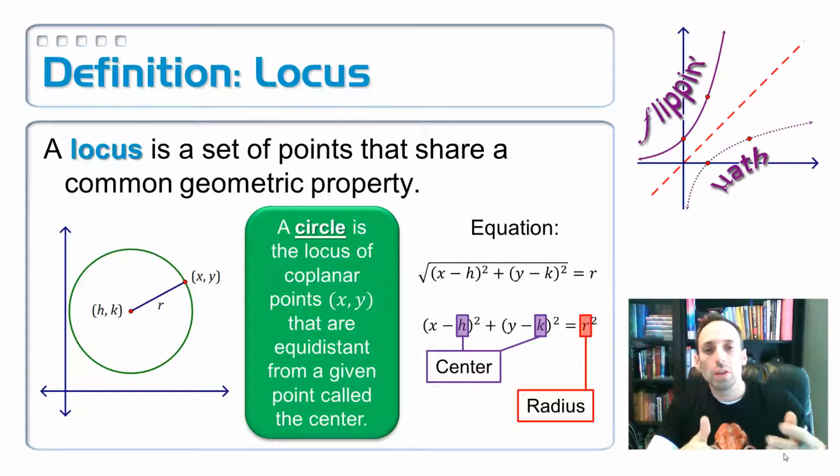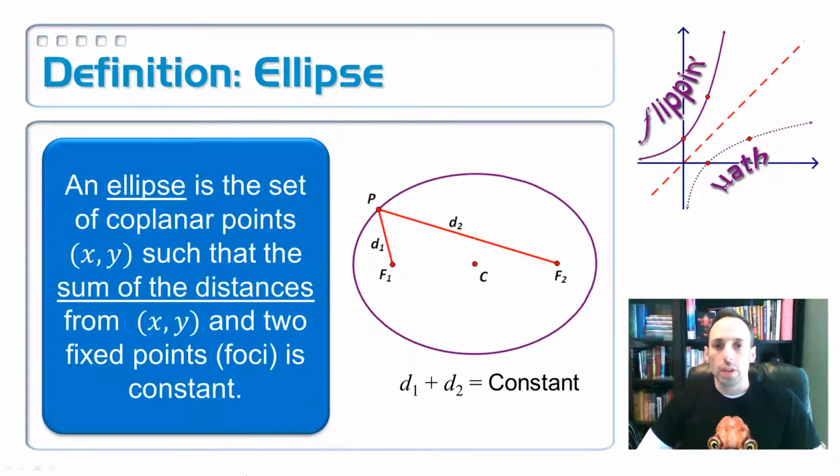Then we use that definition together with the distance formula to come up with the equation of a circle, and this is in standard form here. This equation is part of what this lesson's about, and you can find it on your nifty flow chart. Now we're going to do something similar for an ellipse. So here is the locus definition of an ellipse.